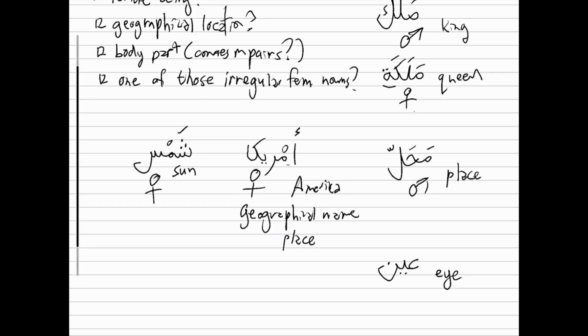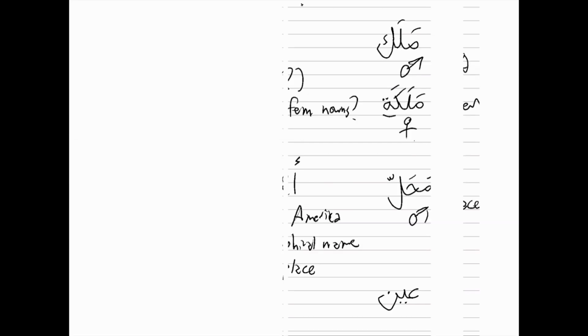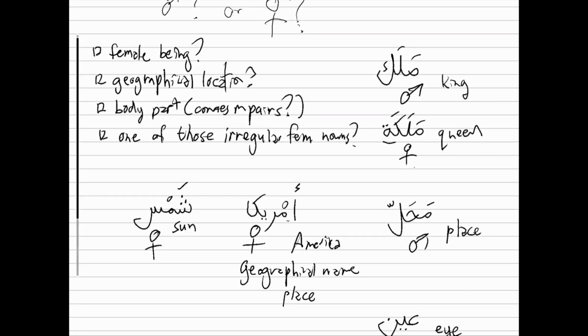Next word we have is ayn, which means eye, as said earlier. So if we take a look at these categories, is it a female being? No, it's not a female being. It's not a geographical location.